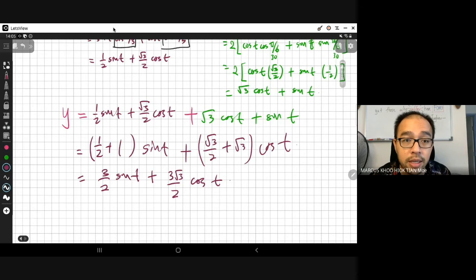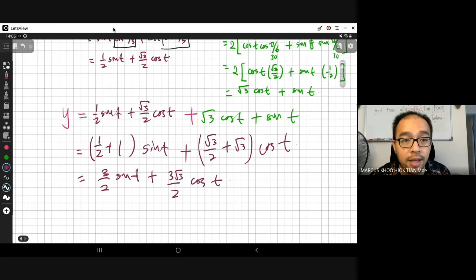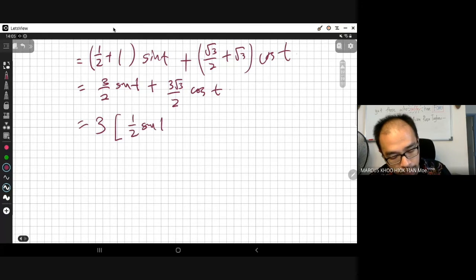Is this right? Yes, it's correct. So, how do I change this to the form we want? Let me take out the 3, so I'll have 3 times half sin t plus square root 3 over 2 cos t.